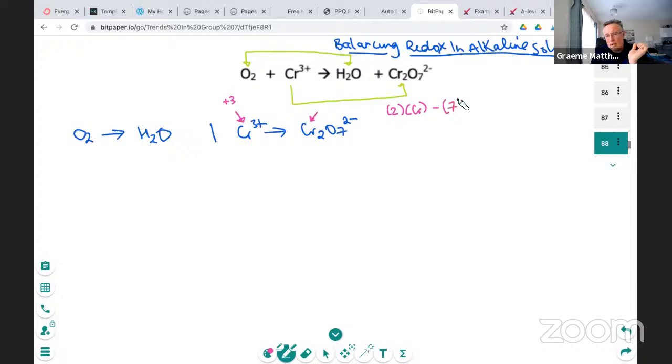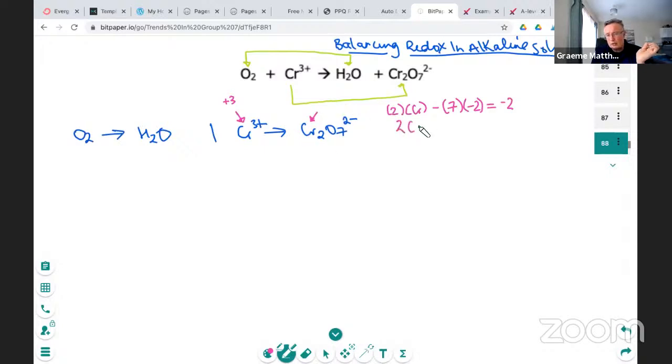Chemists, it's safe to say the oxidation state of oxygen is -2, because it's not a peroxide like H2O2. So 2 chromiums minus 14 is -2, and so each chromium is going to be +6.